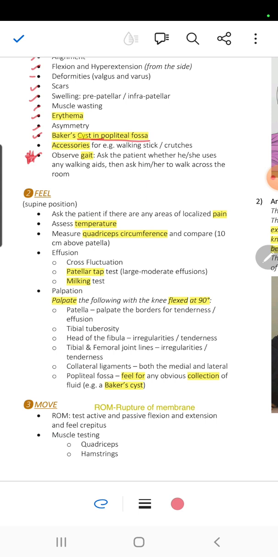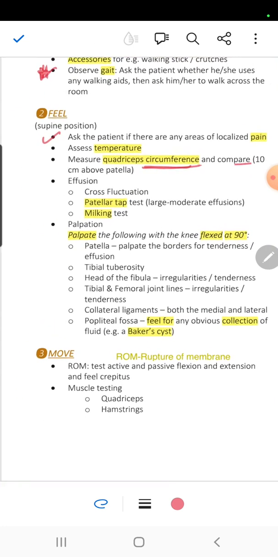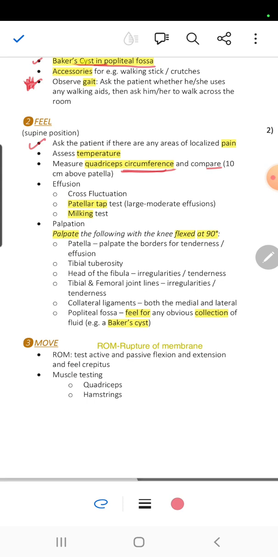Check the temperature and compare it on both limbs, then tenderness. We have to ask the patient if there is any localized pain. Then we measure quadriceps circumference 10 centimeters above the patella. It should be at the same landmark on both knees.